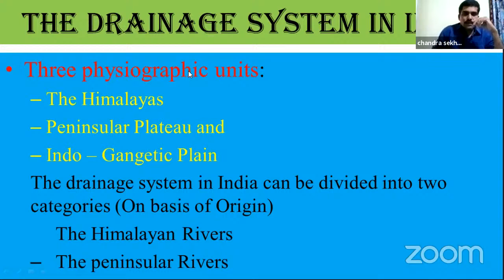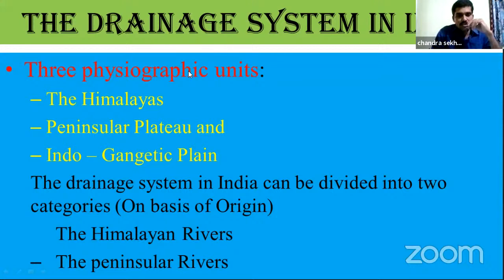Here, the drainage system in India is adapted to the physiographic units of India mainland. So here the three important physiographic units are there in India. First one is the Himalayas, the second one is the Peninsular Plateau and the third is the Indo-Gangetic Plain. So the drainage system in India can be divided into two categories on the basis of origin.